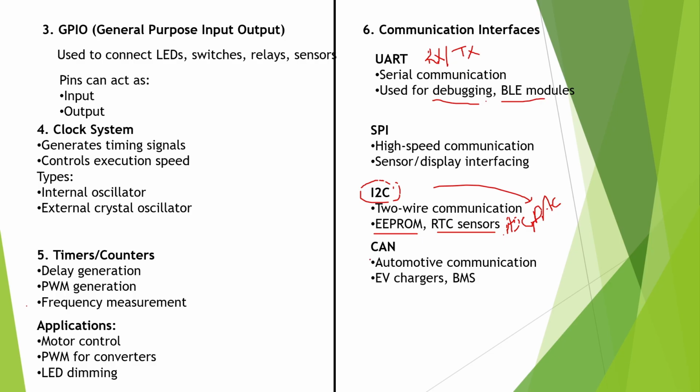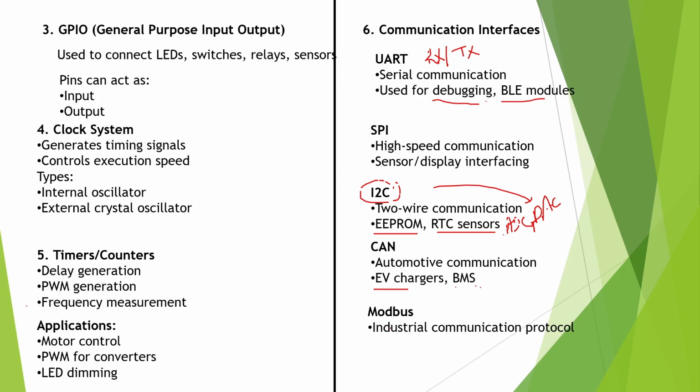CAN is a very important communication protocol. It is highly used in the automotive domain. All the ECUs of the whole electric vehicle will communicate on CAN communication. It is used in EV charging systems and battery management systems.